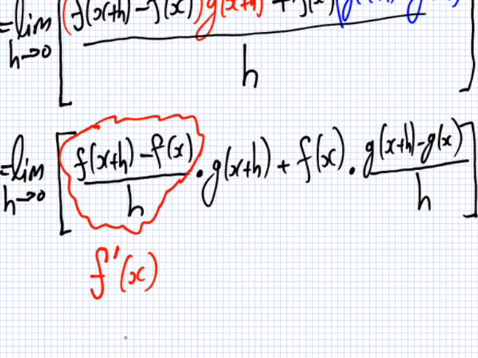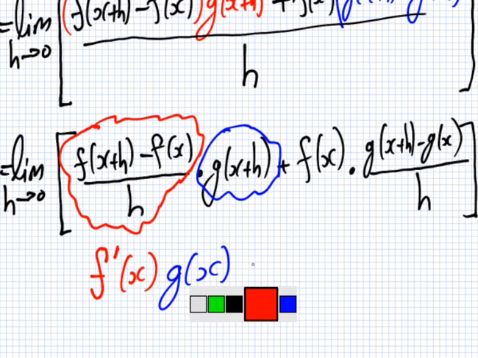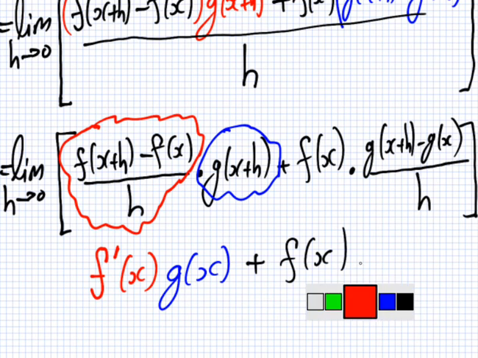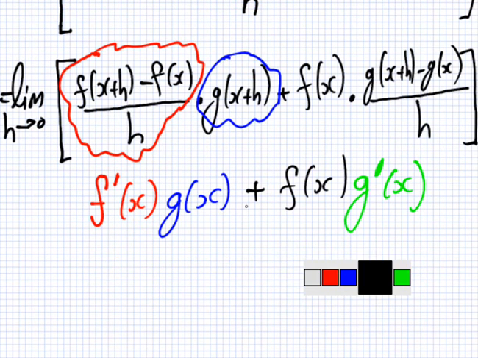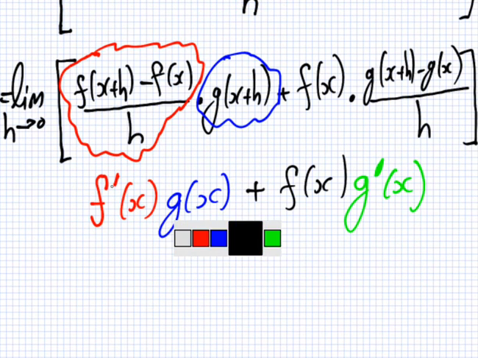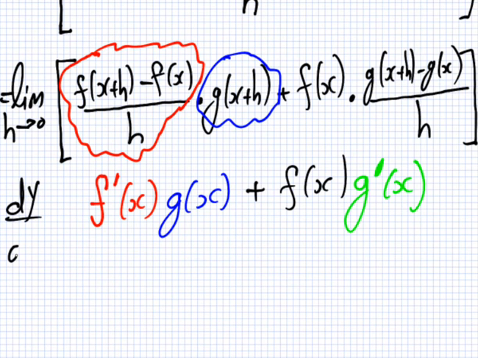Gx plus h, plus, what am I taking out here? Fx, wasn't it? Fx, and then here I have gx plus h minus gx, and close. And all this is all over h.